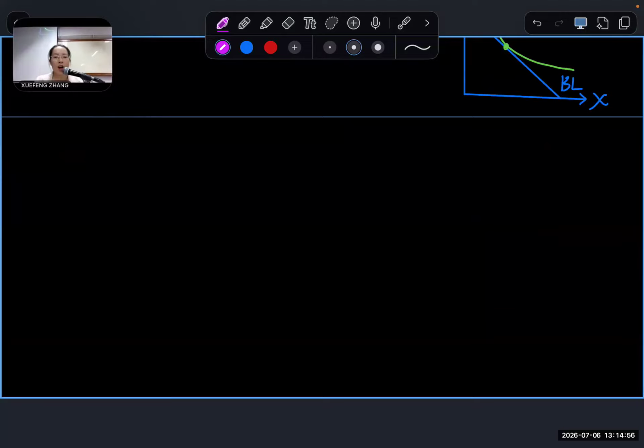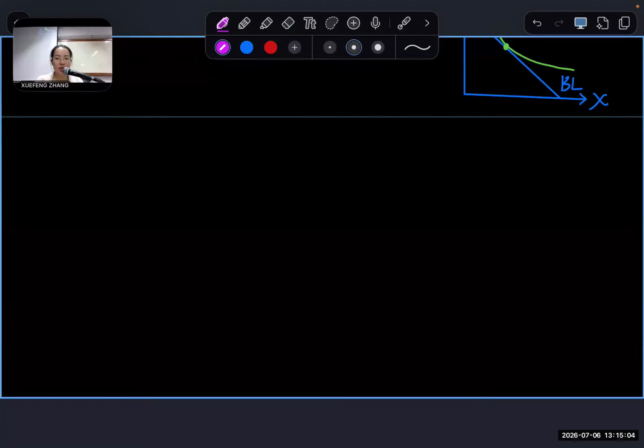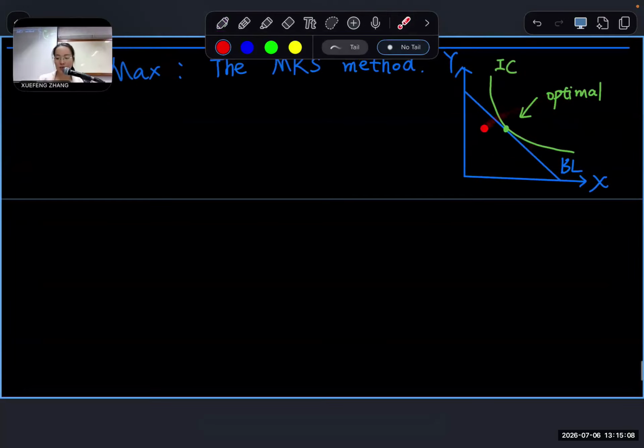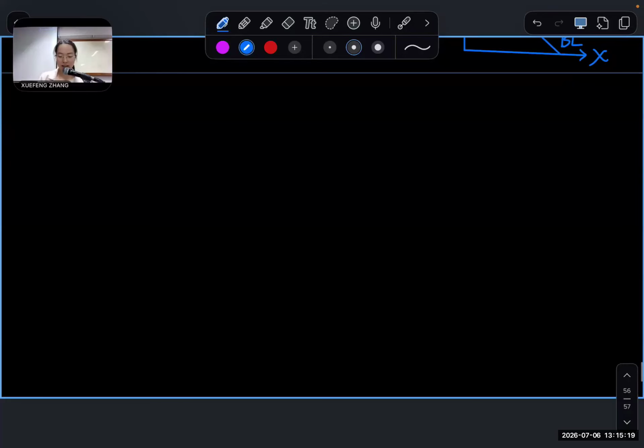But the MRS method is the intuitive method. It's faster for simple problems, and it shows you why the tangency condition works. Tangents, right? Both methods solve the same problem: we want to maximize the utility. Let me write it down.